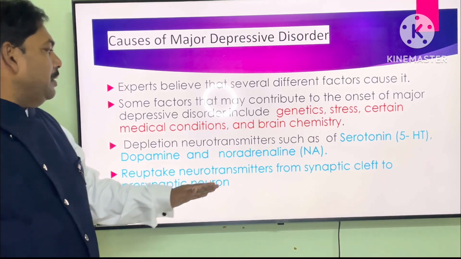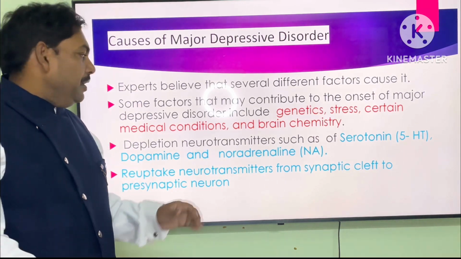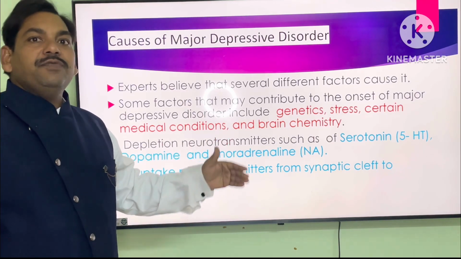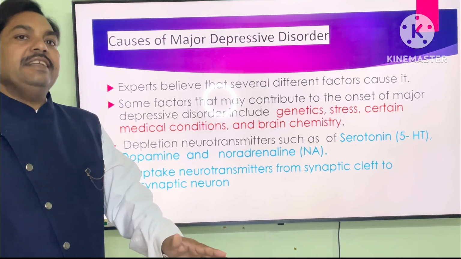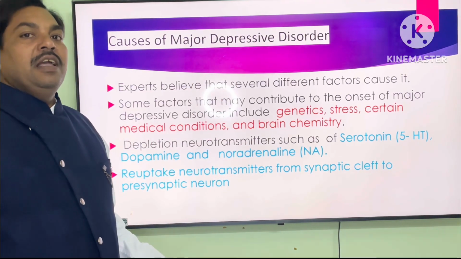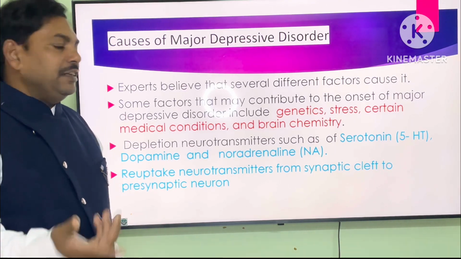Reuptake moves neurotransmitter from the synaptic cleft back into the presynaptic neuron. If the neurotransmitter is released to the postsynaptic side but is taken up again by the presynaptic neuron, chemical transmission is reduced, which induces depression.